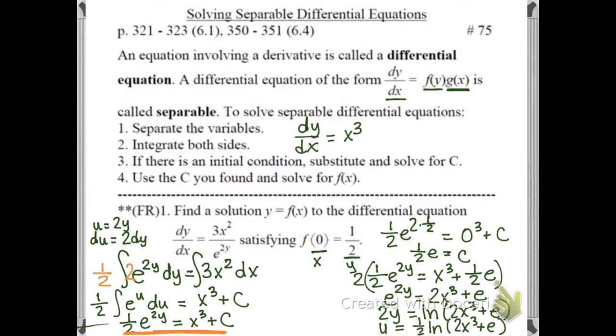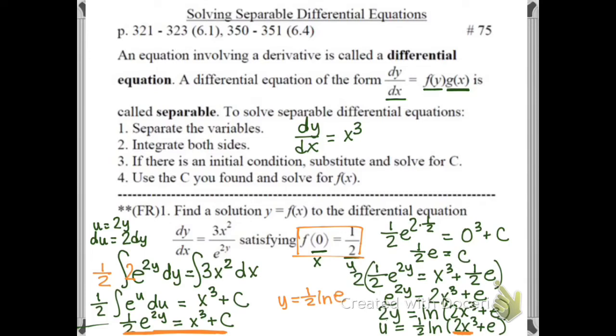That's our final answer. And when we go back and look at the initial condition they gave us, the initial condition was that f of 0 is equal to 1/2. So if we plug in a 0 here for x, looking at the bottom right-hand side, we have y is equal to 1/2 ln of 0 plus e.